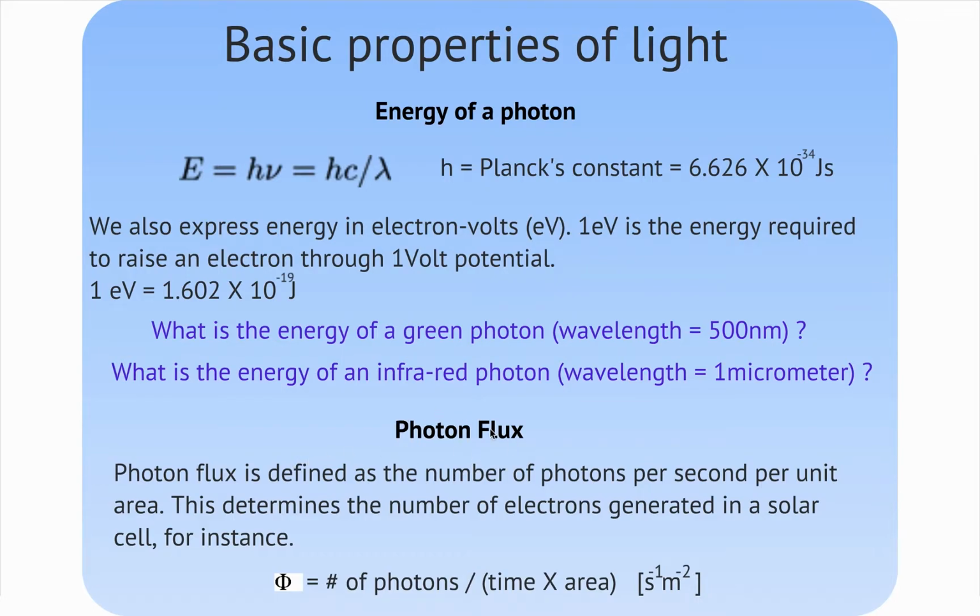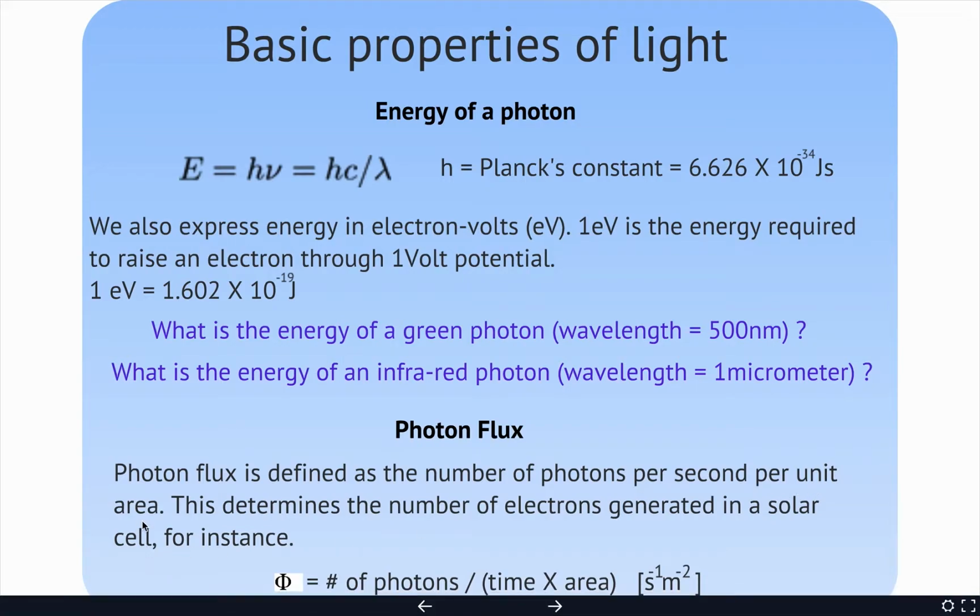So we need to understand how many photons are flying through space per time, and also per area, because the density is also important. Photon flux is defined as the number of photons per second, so that's the rate, per unit area.